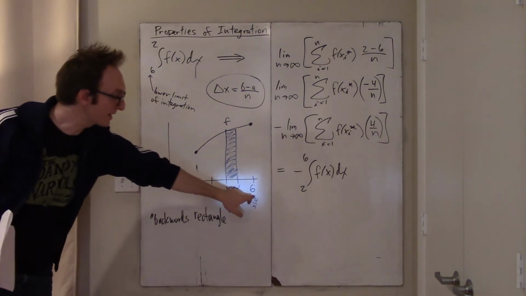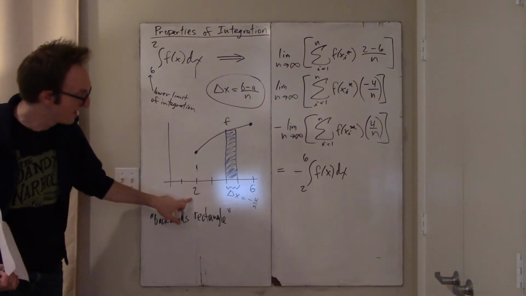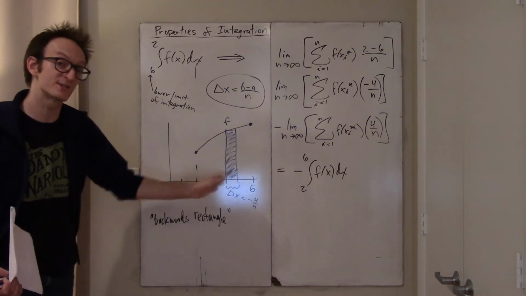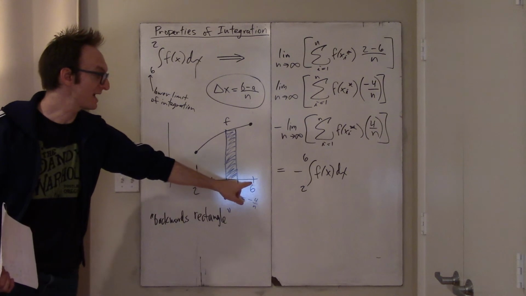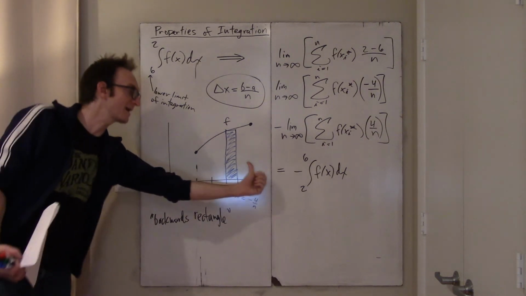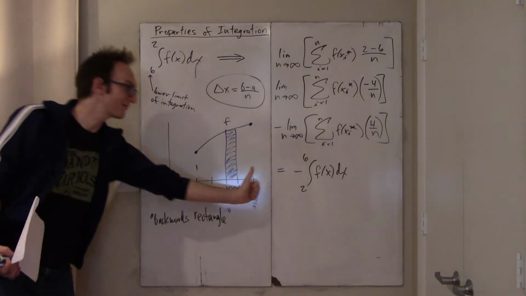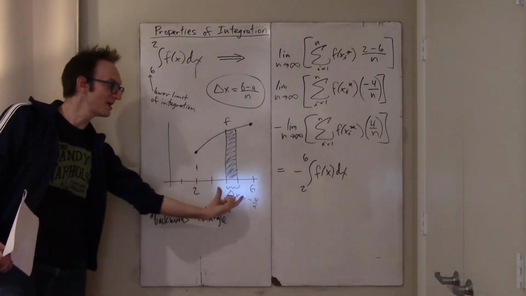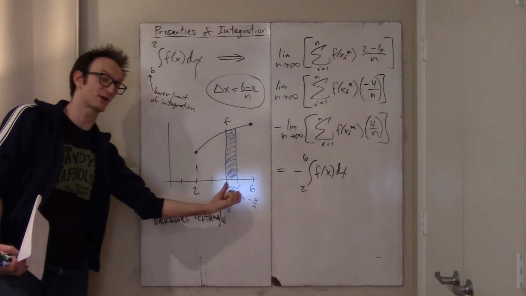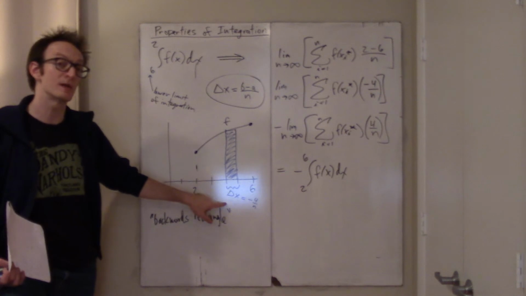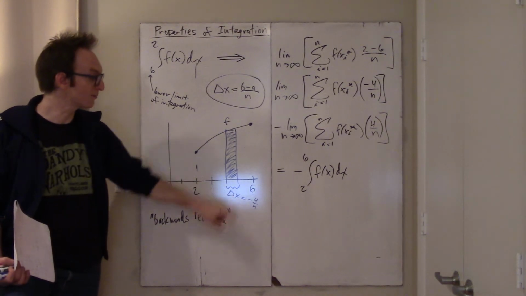And if I'm integrating backwards from 6 to 2, then my entire partition is such that I begin over here and move that way in my partition. And if I'm moving that way, then all my changes in x are going to be negative. If I do equal width subintervals, they'll all be negative 4 over n.